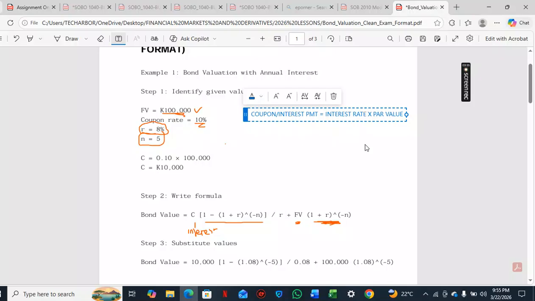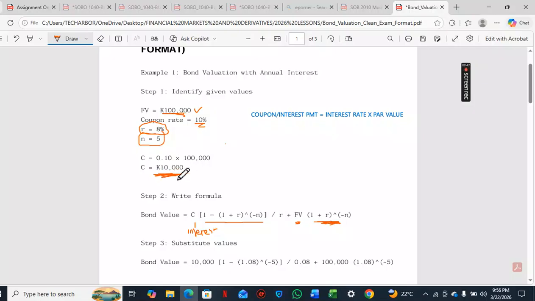This is how much you'll be paid when the bond matures. So our interest rate is 10%. We're getting 10% of 100,000, which is 10,000. So every year we're going to be receiving 10,000 as interest.